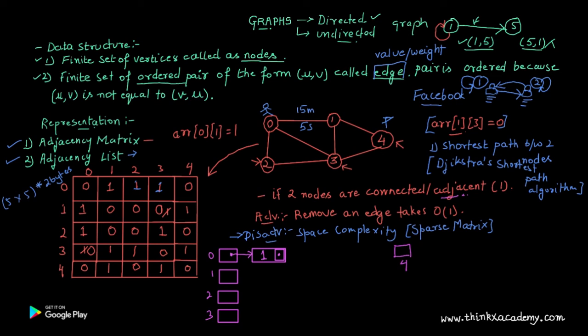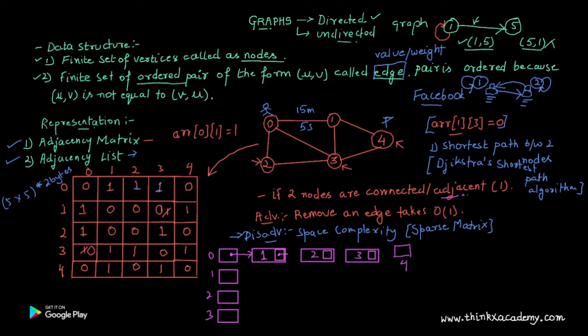So the adjacent element of 0 is 2 also. So what I'm just going to do is, I will create another node like this with next pointer, and since 0 is also connected to 3, I'm going to create another node with its next pointer like this. So this is 2 and this is 3.